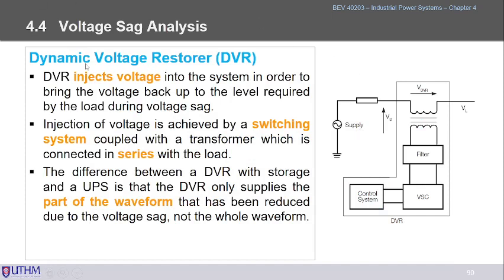Okay? And same for the DVR. The DVR is using power electronics to have the feedback. Let's say you have the control system here, and you have the feedback, and it tries to measure how much is the existing voltage, and it will top up by changing the VSC here, the voltage source converter, to top up the amount of the Q that is required to adjust back the voltage.